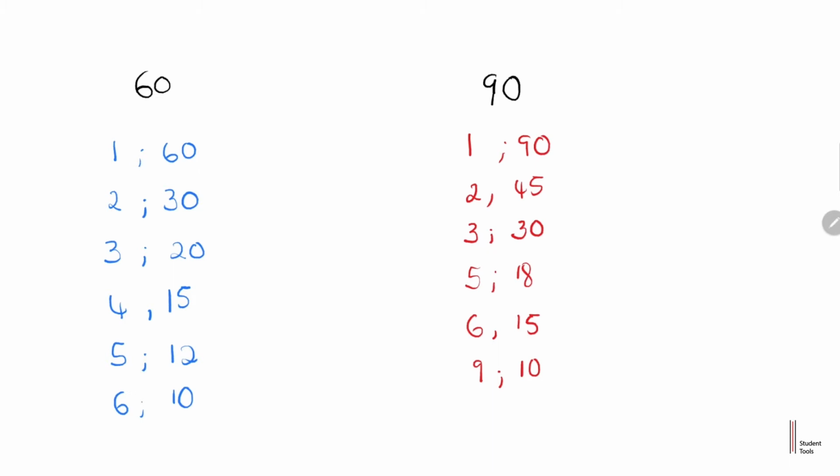So these are all the factors of 90. And what we are looking for is the highest common one between 60 and 90.